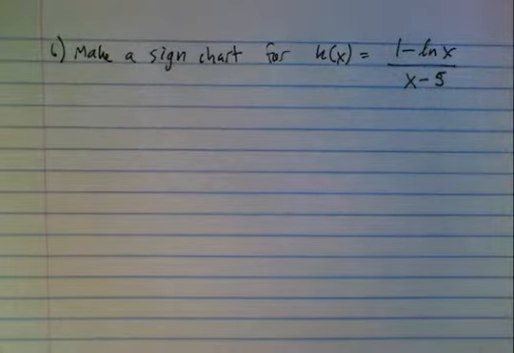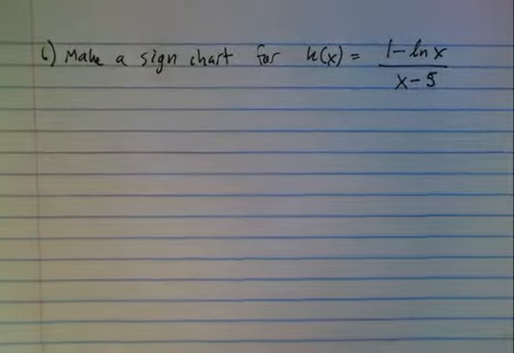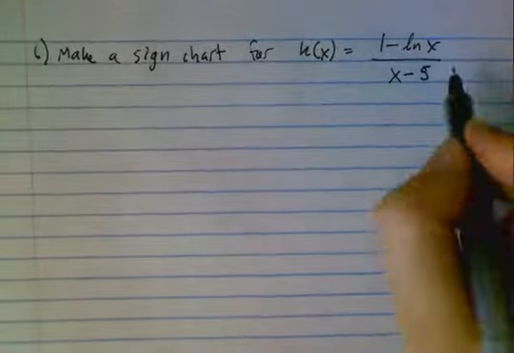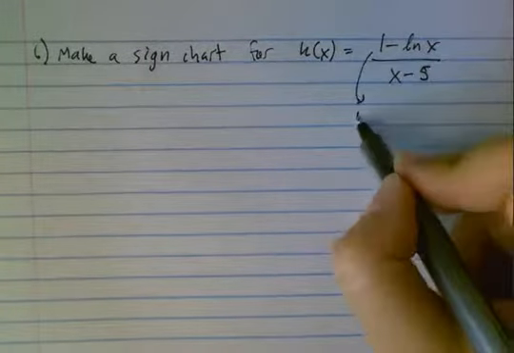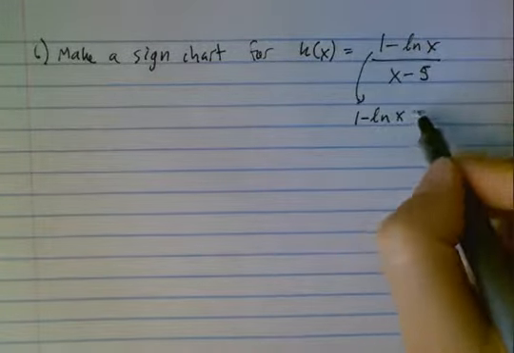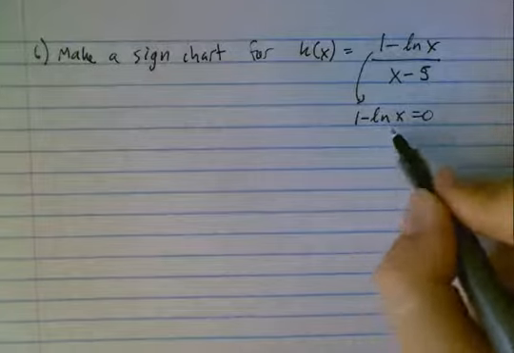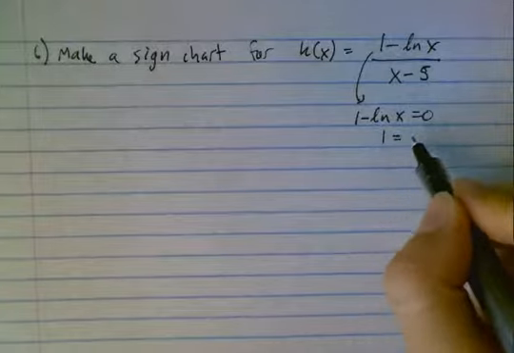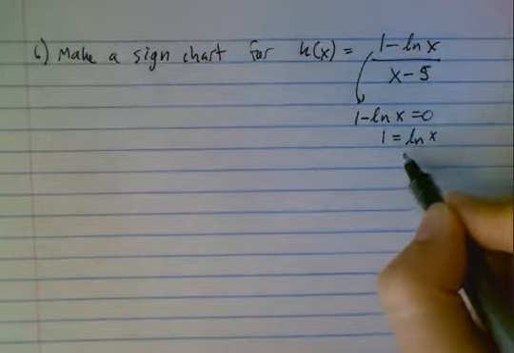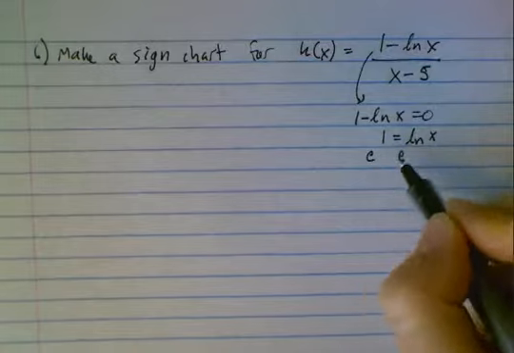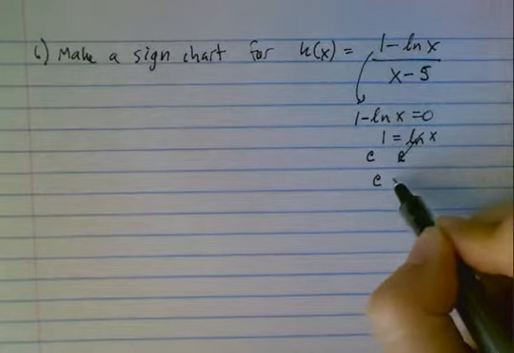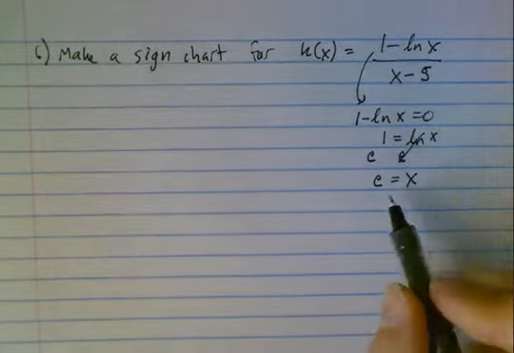So here there's nothing to factor. We want to find both zeros and undefined points. So add natural log of x to both sides. Do e to the power of. And remember, e is just a number.